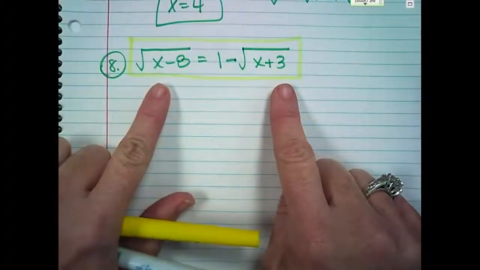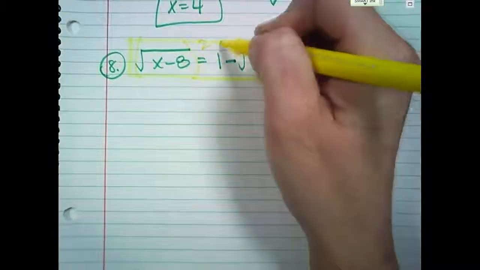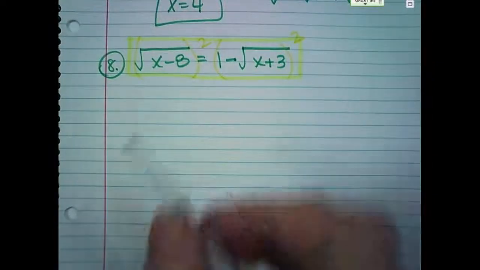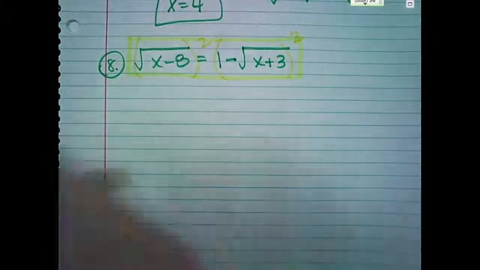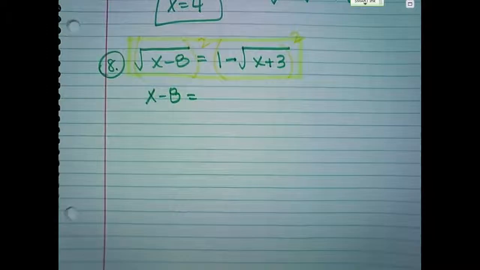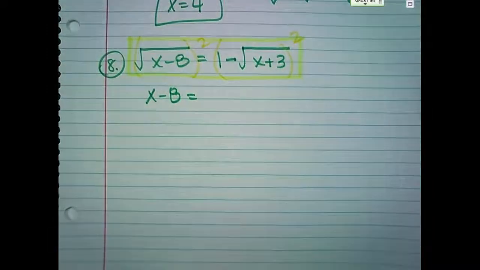But to drop the radicals, I have to square both sides. So square both sides. It's going to give me an x minus 8 equal, I'm going to give you a second, square this for me. Square it, see how you do.